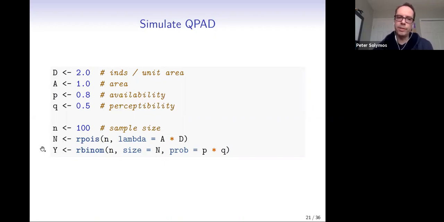And now what we observe is Y. That's coming from a binomial distribution with size N. So if at location 1, N was 2, then with this probability, we are going to get a 0, a 1, or a 2. So if this probability is high, we are more likely to get a 1 or a 2. If this probability, p times q, is low, then we are more likely to observe a 0 or maybe a 1.